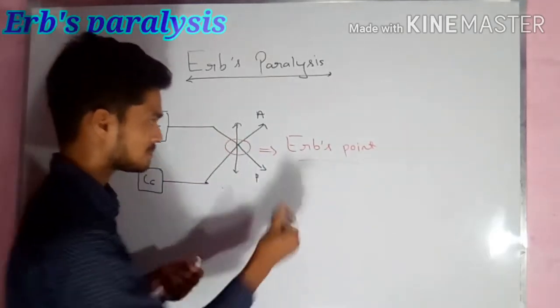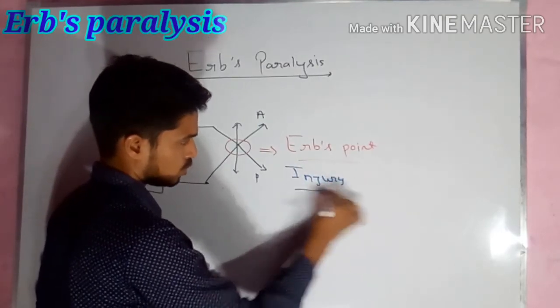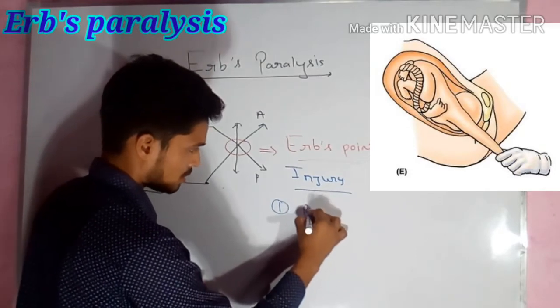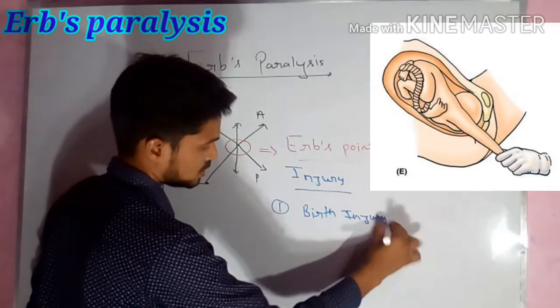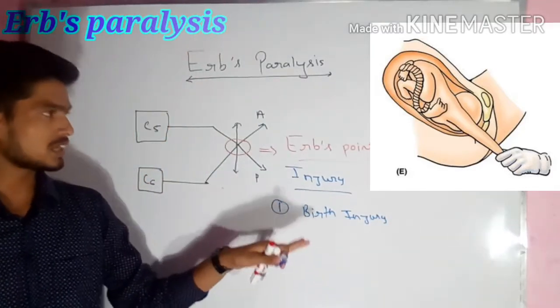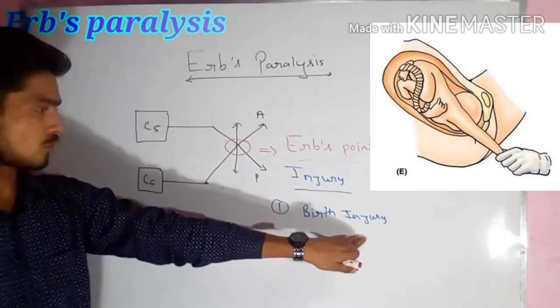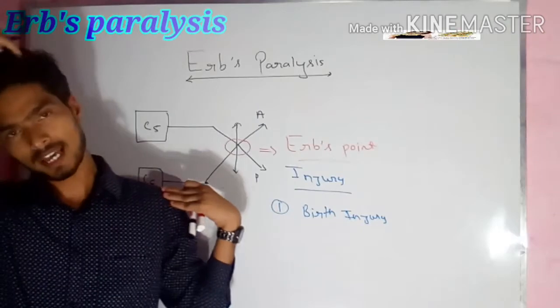The first is birth injury, the commonly occurring injury. The main cause of this injury of the brachial plexus is, first of all, an undue separation of the head from the shoulder. Means like this.